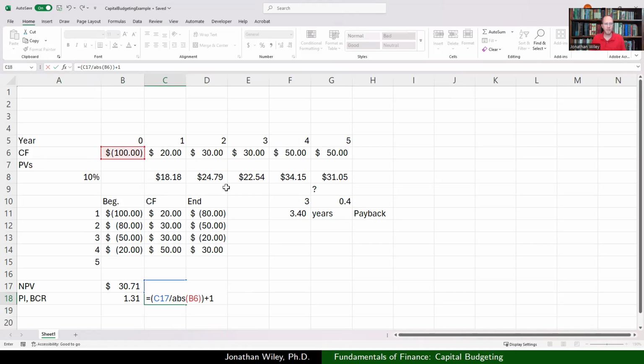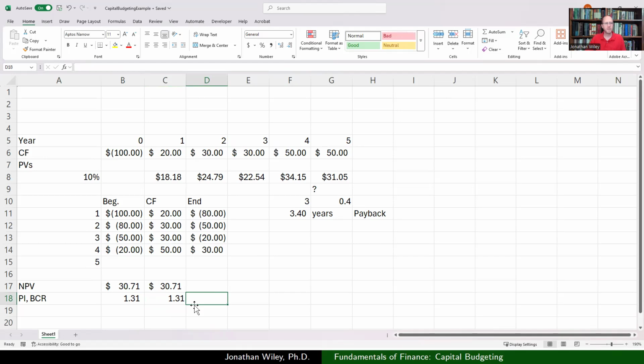That was the formula at the bottom of the slide. This calculation will work as long as I only have positive cash flows after the initial investment. I calculate it, and it gives me extra decimal places, but if I make that more uniform, sure enough, 1.31. So my benefit cost ratio or profitability index in this case is 1.31.